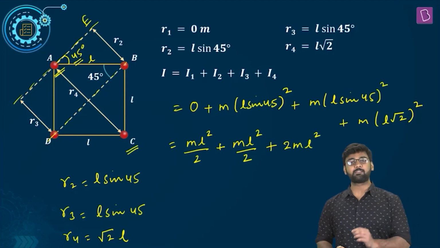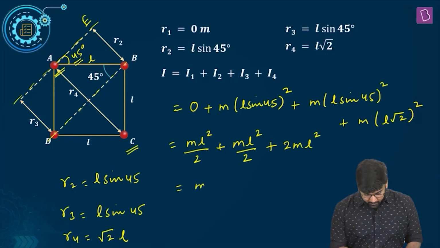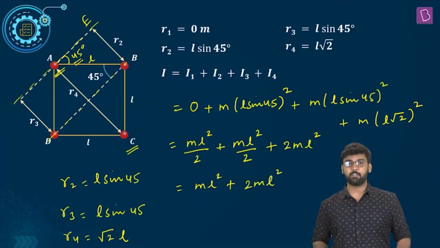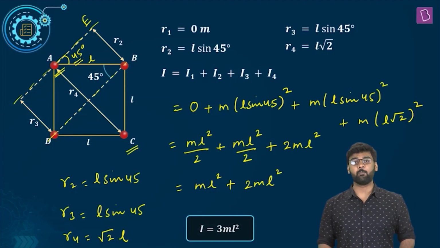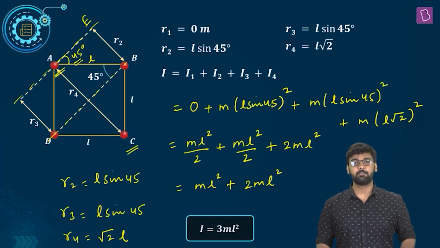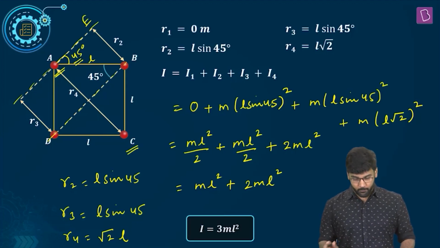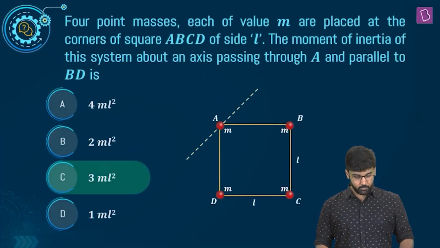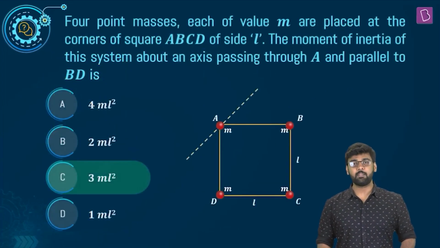Ml square by 2 plus ml square by 2 is ml square, plus 2 ml square. So this becomes 3 ml square. So the net moment of inertia about the axis which is passing through A and parallel to the diagonal is 3 ml square. So let's see the options now. You can see here option C, 3 ml square is the correct answer for this question.